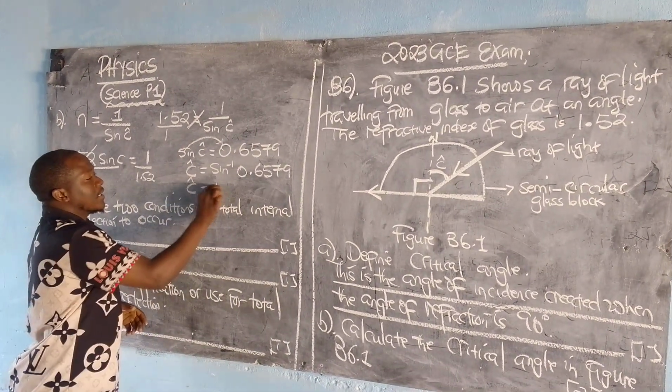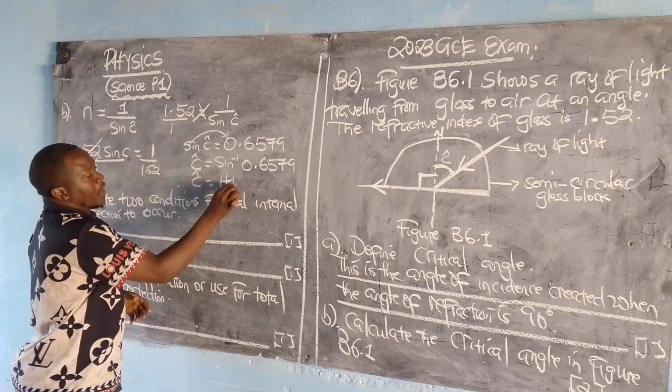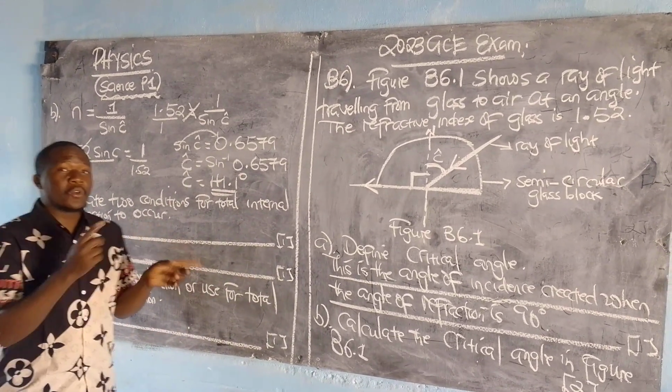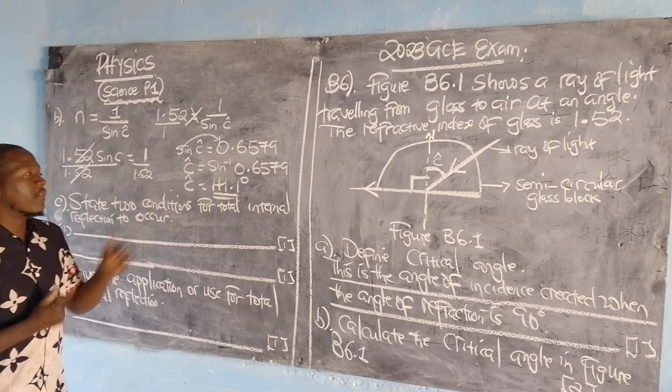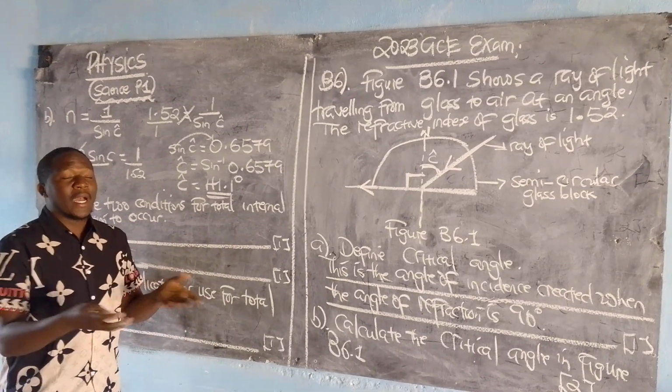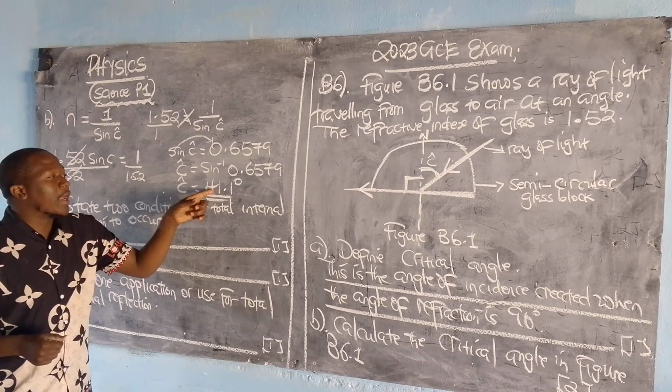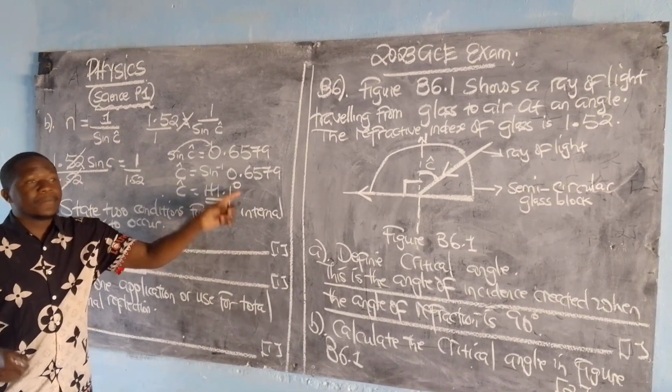Maybe for some instances, it can give us 41.1 degrees with some other values. So as you will be watching the video, you can confirm the values and see how I rounded off. So the critical angle is 41.1 degrees.